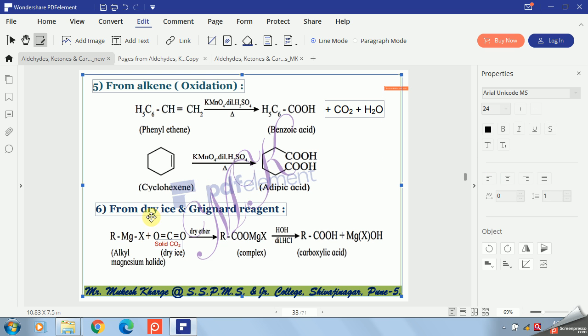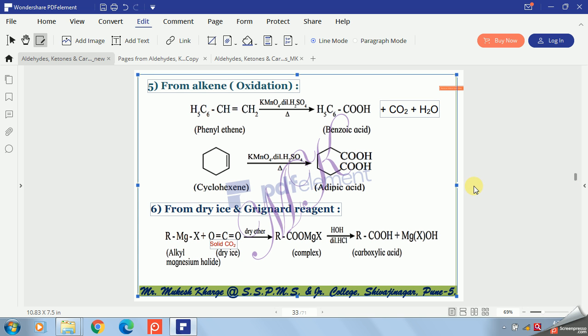Then the next reaction is from dry ice. Dry ice means solid carbon dioxide, and Grignard reagent. Grignard reagent is alkyl magnesium halide. So when your Grignard reagent RMgX reacts with solid carbon dioxide, in Grignard reagent, which is the negative part?